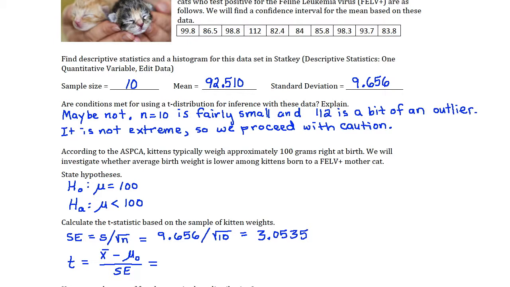And my x bar is 92.510. That 0 isn't necessary for computations. My mu naught is 100. And my SE is 3.053. I get negative 2.453.